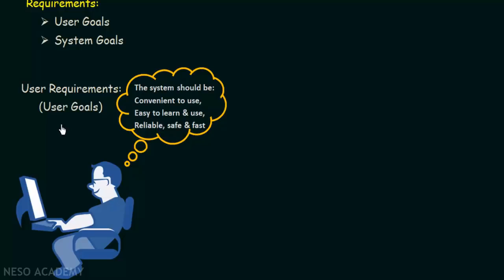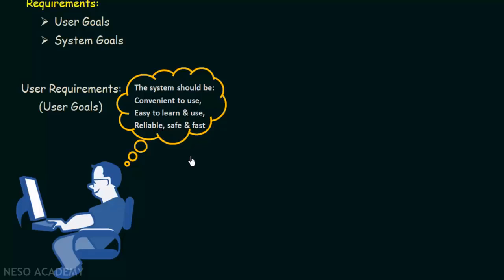Now let us see what are the requirements that are generally there from the user and from the designers. What are the user goals or the requirements from the user side? The user wants the system to be convenient to use, easy to learn and use, reliable, safe and fast. These are some of the requirements from the user side. Now let us see the system goals, the requirements from the designers or the developers.